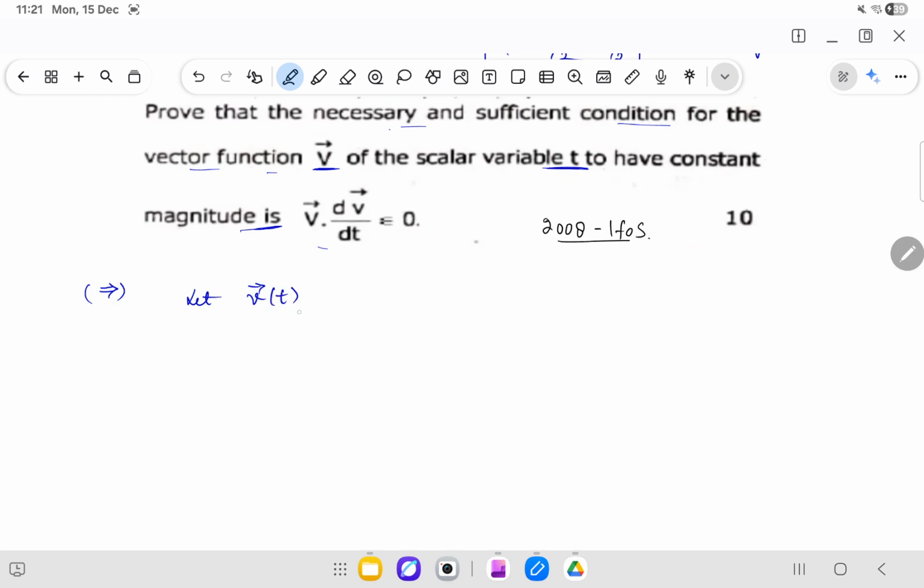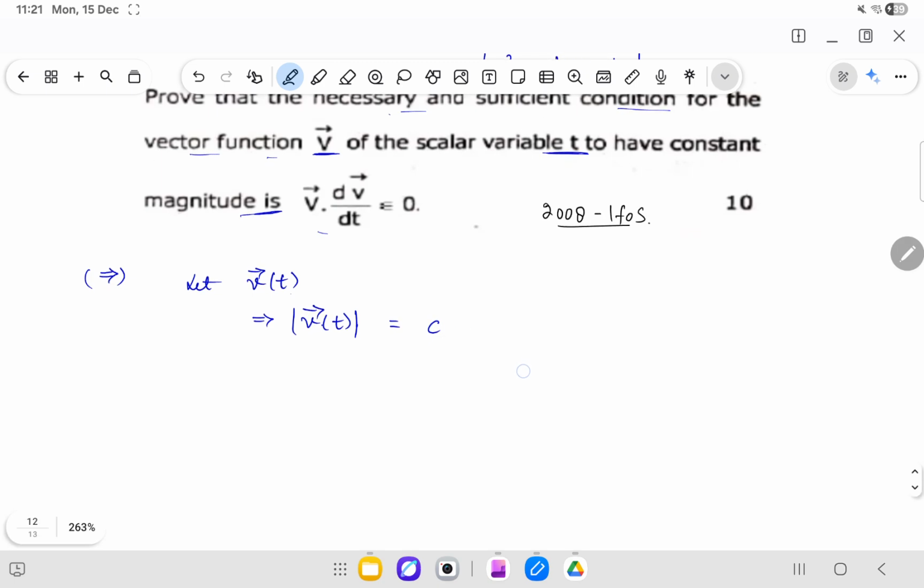Here t is a scalar variable, and if it is of constant magnitude, that means this is equal to c, then we are supposed to show that this relation holds, and vice versa. So let us assume that it's of constant magnitude. So this can be written as the dot product of v(t) with itself must be constant.